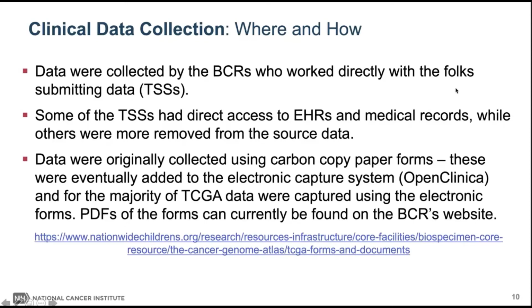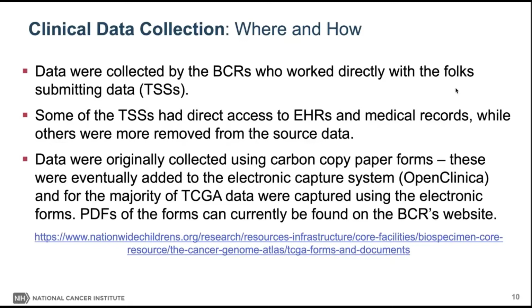So where and how? The data were collected, like I said, by the BCRs, and there was a lot of communication between the tissue source sites and the BCR to make sure that what was submitted was what was expected to be submitted. A lot of validations were put in place, and enumerated fields were added because of what we received early on.